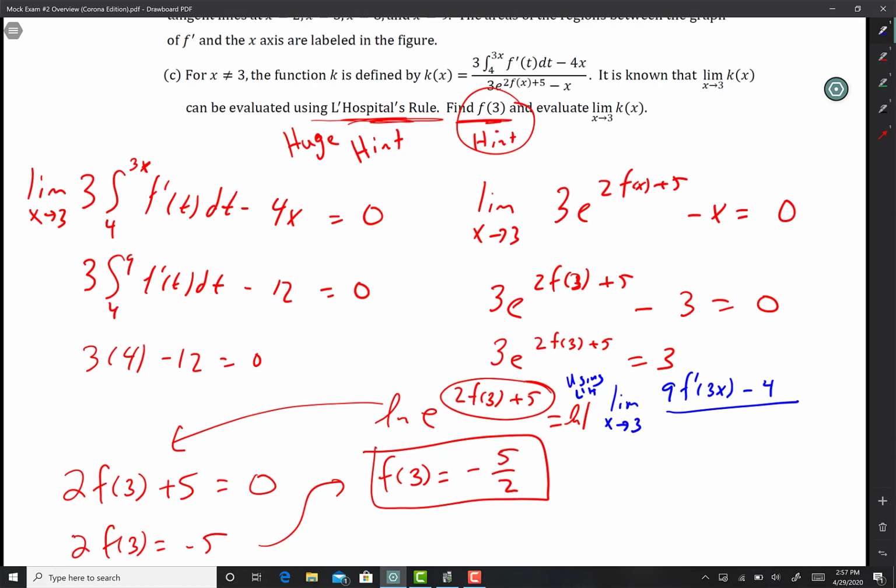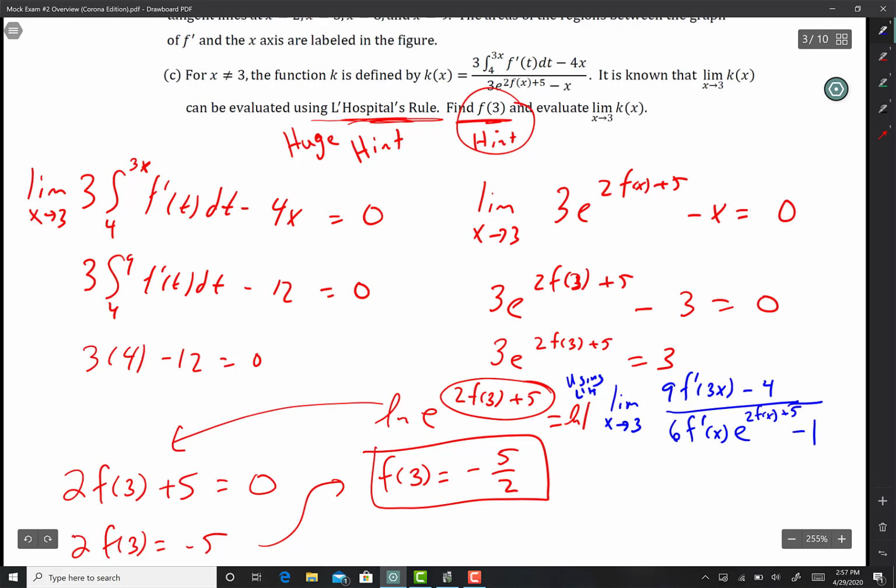So 2f of x plus 5, the derivative of 3e to anything is 3e to anything, but then you got to do chain rule. So the derivative of 2f of x is 2f prime of x. So 3 times 2 is 6. So 6 f prime of x, that's chain rule, e to the 2f of x plus 5 minus 1.